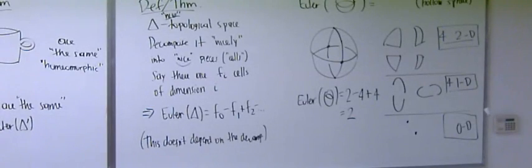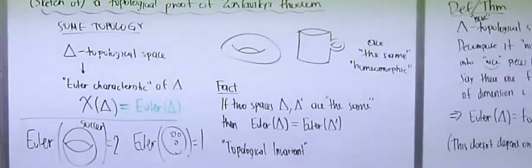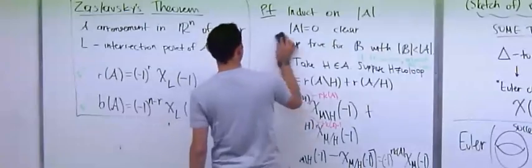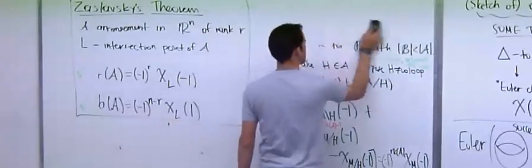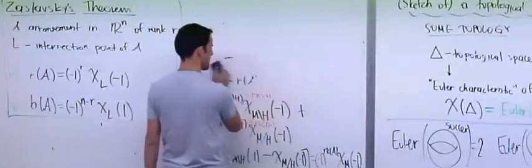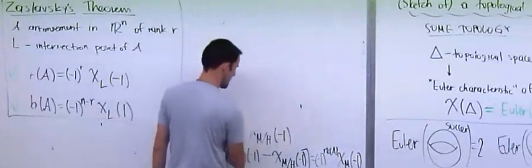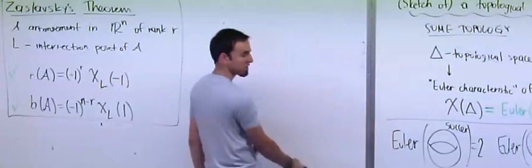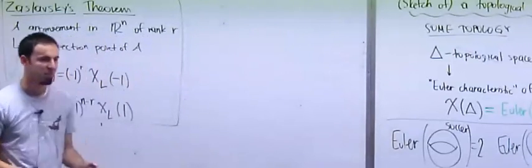Anyway, I don't want to go into too much topology. Basically, this is just a vague idea of what these things are, and they are really very interesting, and it's a very interesting course that you should definitely take one day.